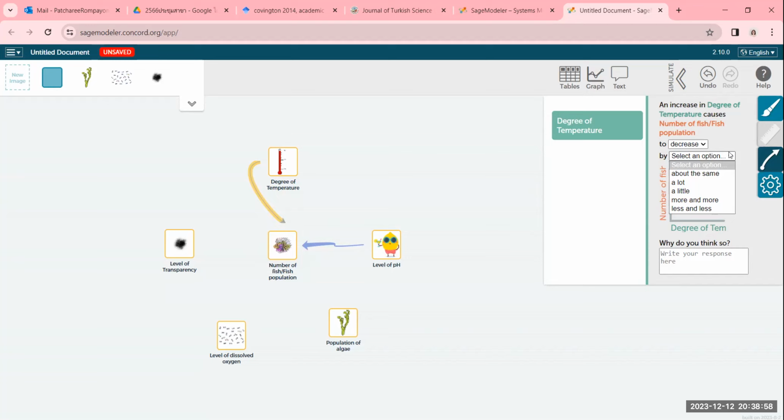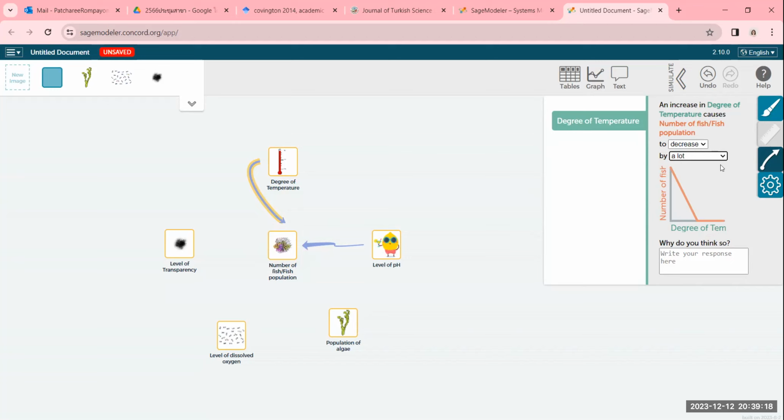Let's check. They will show us the graph. Okay, the degree of temperature increases, and the number of fish will decrease. Yeah.